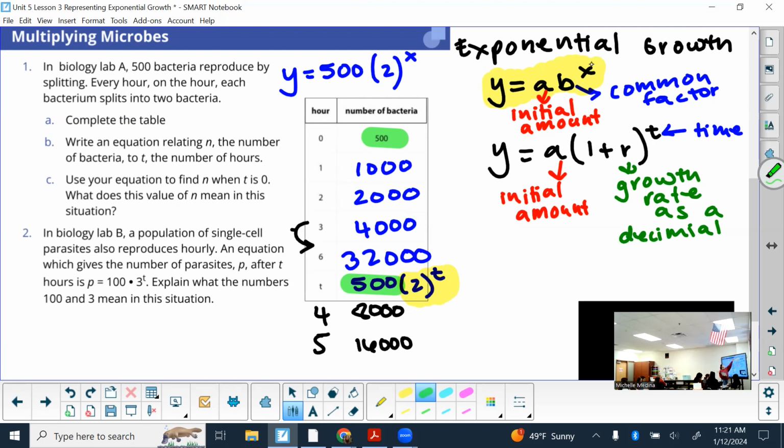The parentheses would normally be like your b, but if they give you a percentage, because sometimes it's not doubling or tripling, it's adding 3% each year or something like that, then you will do the 1 plus r, where r is your growth rate as a decimal.